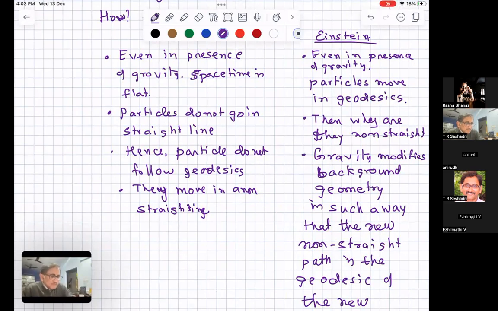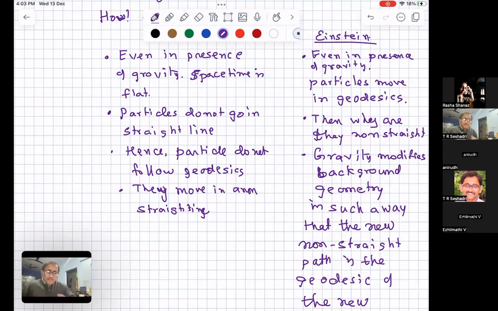Suppose the trajectories of the particles depended on the mass of the particle. A particle of mass m1 will follow one geodesic. A particle of mass m2 will follow another geodesic, if the masses were different.